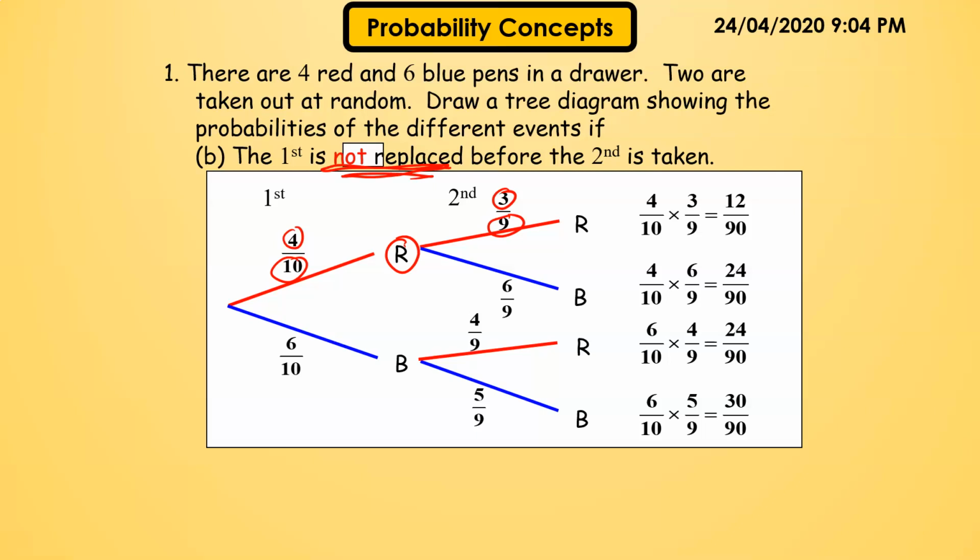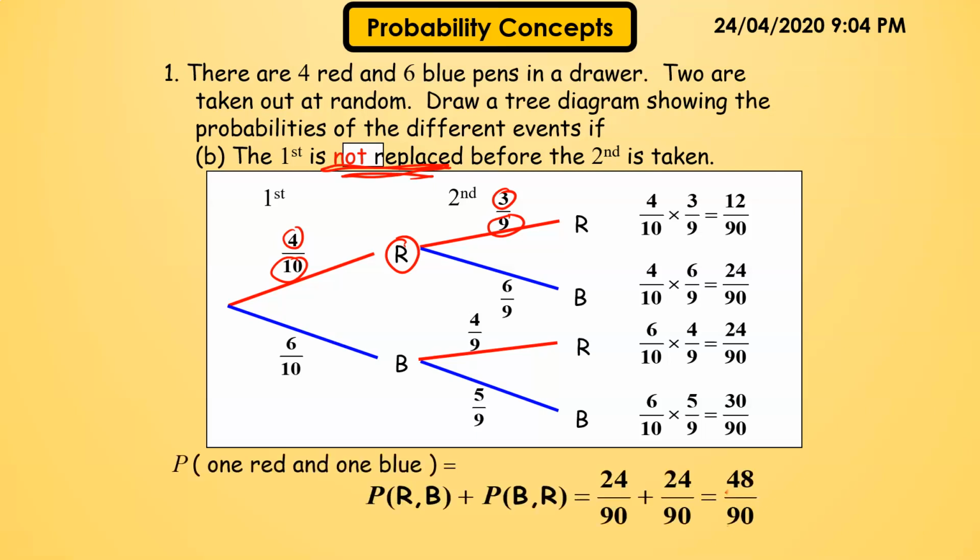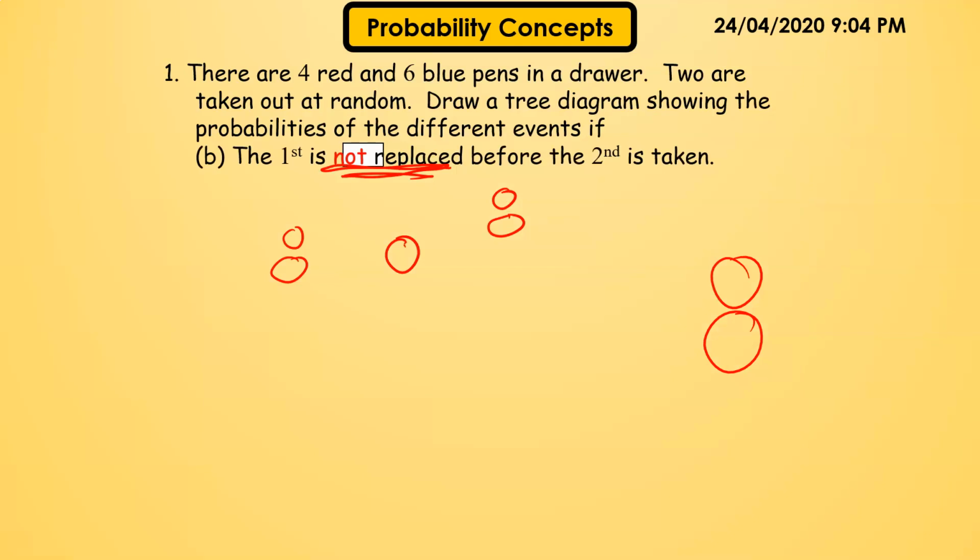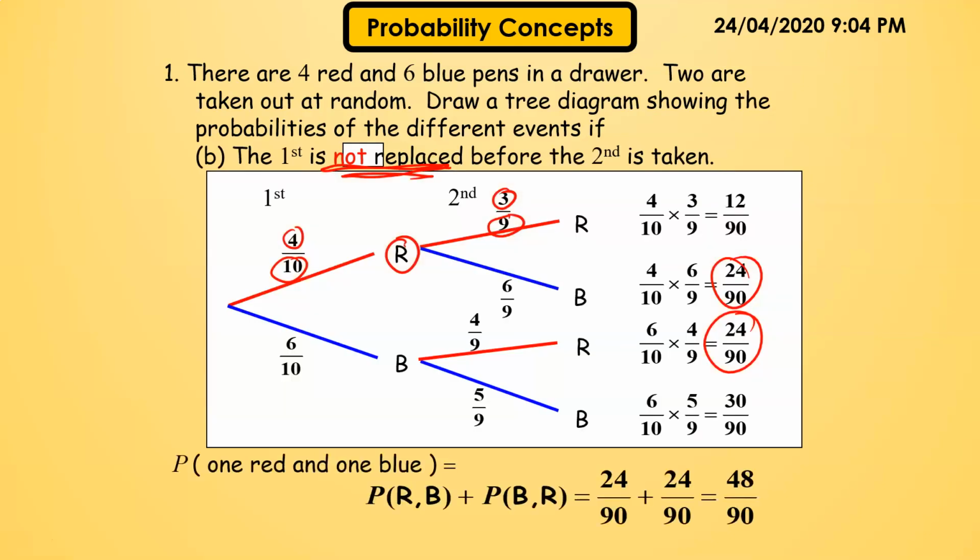Again, make sure the probabilities add up to 1. What we end up with is 24 and 24 out of 90, which gives us 48 over 90, which we simplify down to 8 over 15. So you can see that it's slightly more likely to get one of each where it's dependent.